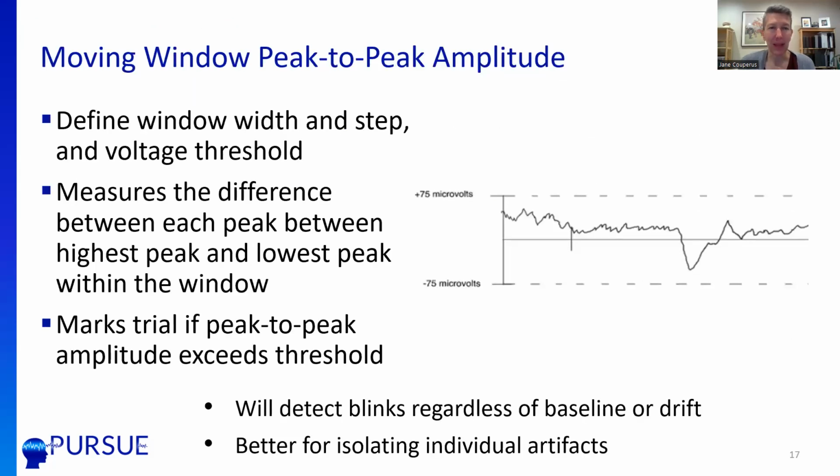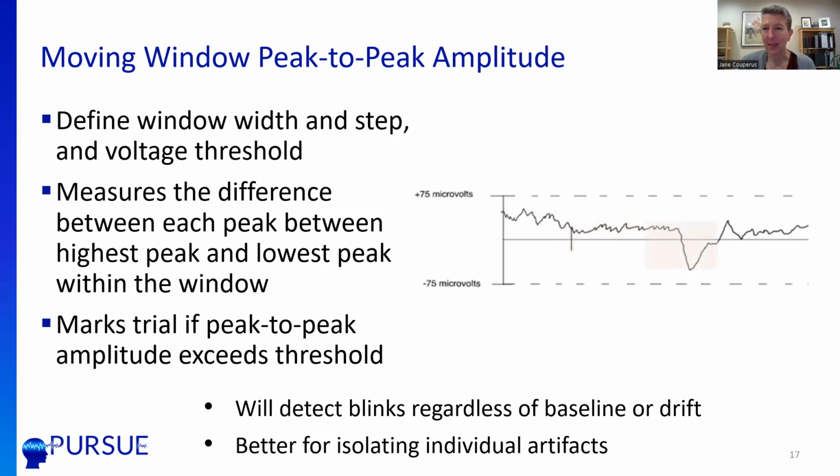A second method is something we call the moving window peak to peak. This is defining a window width and step and a voltage threshold. And it basically measures the difference between the highest peak and the lowest peak within a window. And then that window moves over time. So you have a window moving along your trial, and it's saying, okay, is there anything within that range within that window?